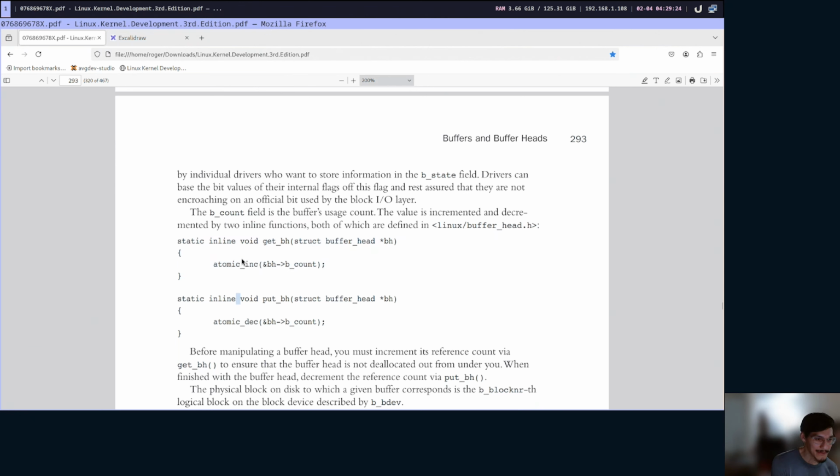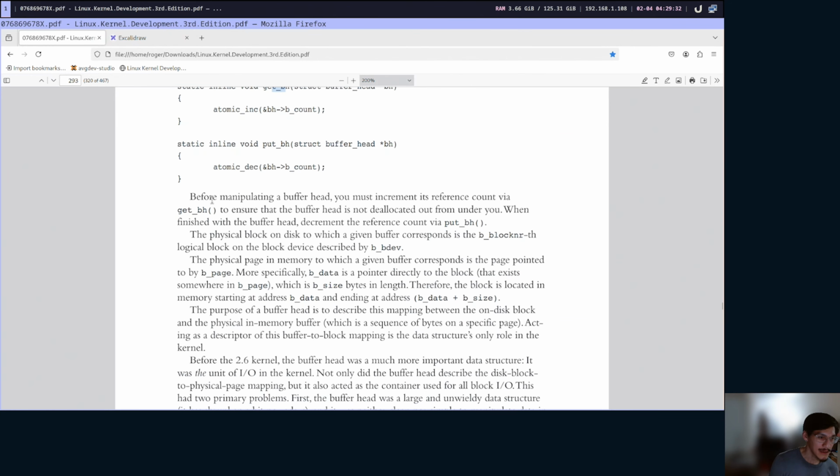So you'll have an increment, and then you also have a decrement. Okay, so put, get. Before manipulating a buffer head, you must increment its reference count via get_bh to ensure that the buffer head is not deallocated from under you. When finished with the buffer head, decrement the reference count via put_bh.